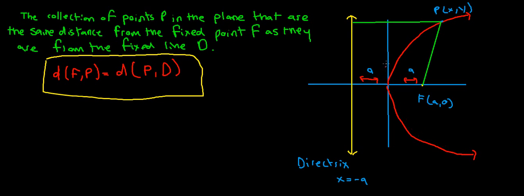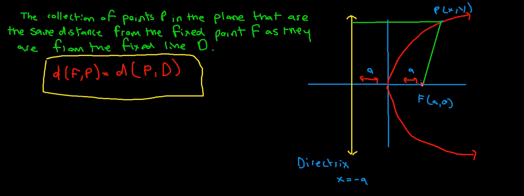And what this is saying is that this collection of points, which is the parabola, in order for it to be a parabola, they have to have the same distance from the fixed point F, which is called the focus, which is here.